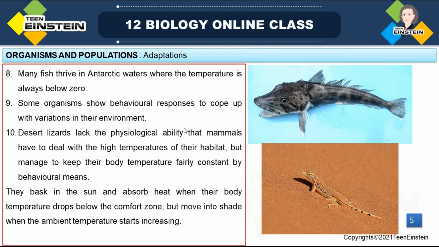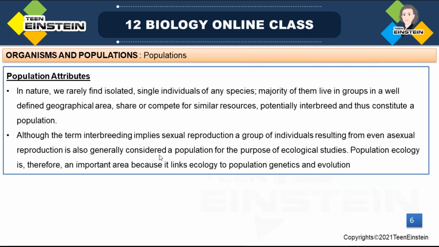Then the feature of archaebacteria which helps them survive in high temperature. Those questions are asked repeatedly, many times. Then population attributes we'll be discussing in the next class. Thank you.